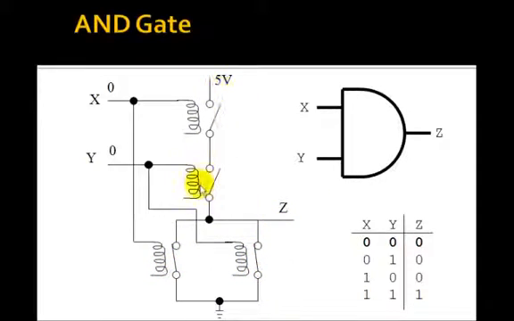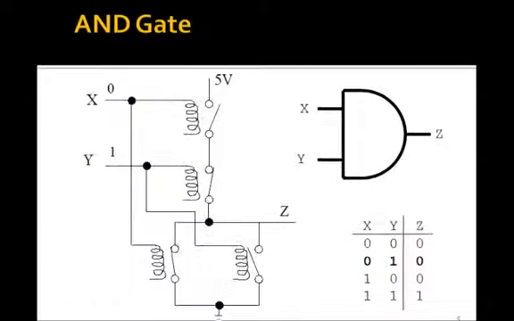We have 0, these 2 are open. If we make Y 1 and X 0, we want the output to be 0. Well, this Y=1 will close this one, but this one's still open, so there's no connection from Z to 5 volts. This 1 will open this one, but this one's still closed, so there's still a connection here to ground, so the output's still 0.